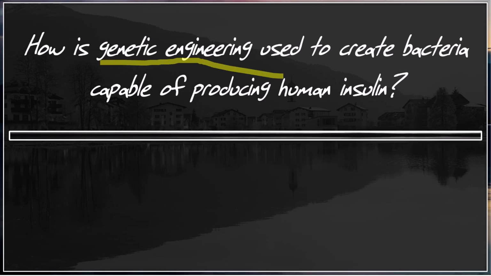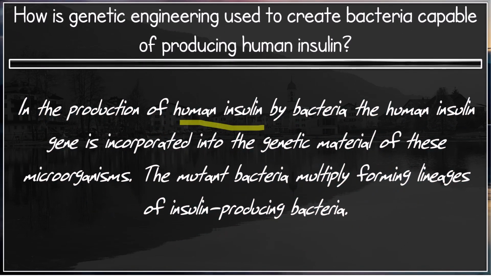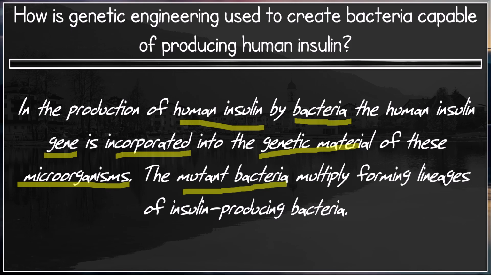How is genetic engineering used to create bacteria capable of producing human insulin? In the production of human insulin by bacteria, the human insulin gene is incorporated into the genetic material of this microorganism. The mutant bacteria multiply, forming a lineage of insulin-producing bacteria.